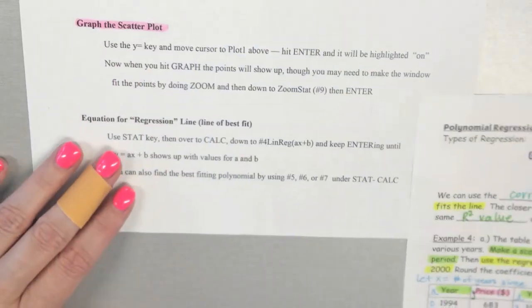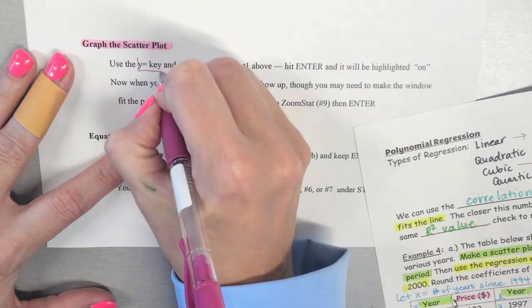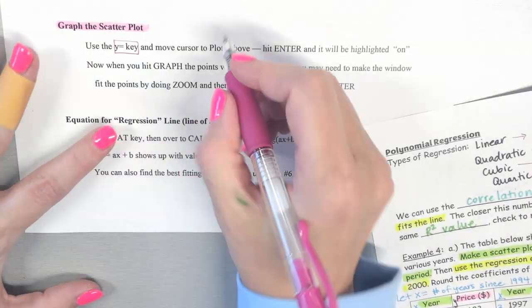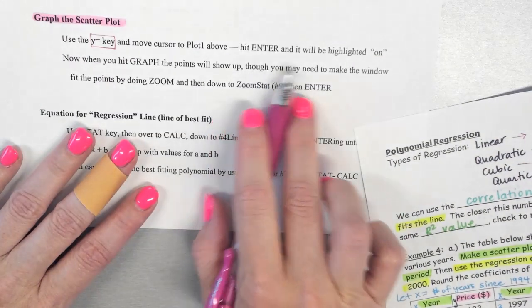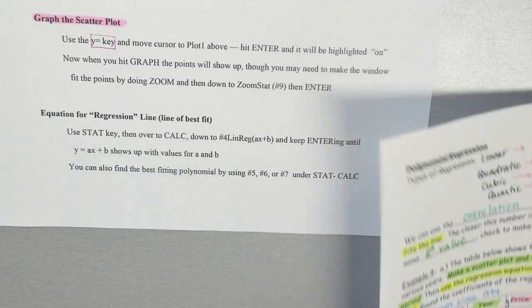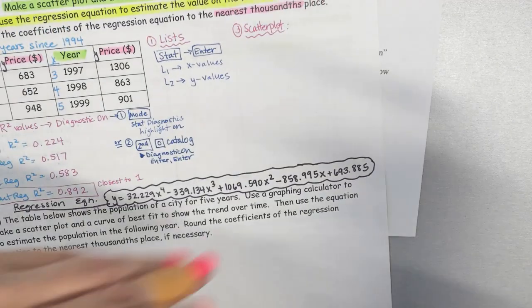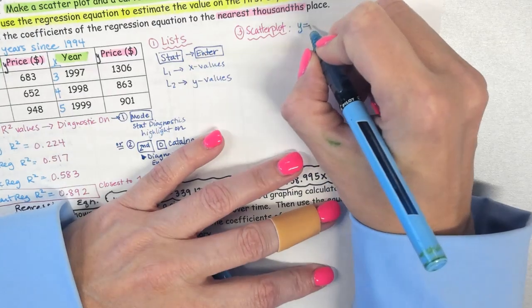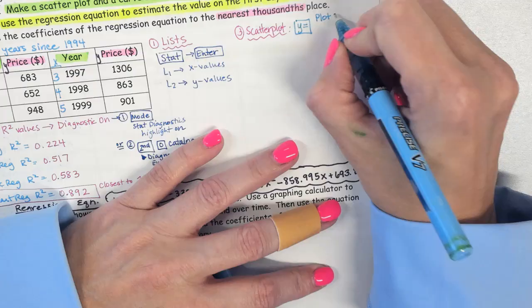Okay, and then here it tells you you're going to use the y equals key. Okay, move the cursor to plot 1 above and hit enter. It'll be highlighted on. Okay, so the directions that I gave you yesterday was to hit the y equals key for plot 1.